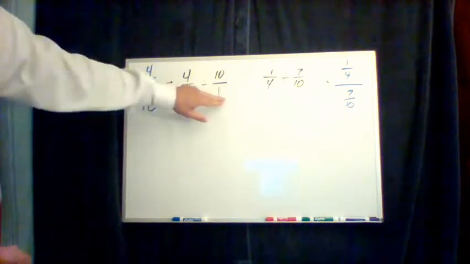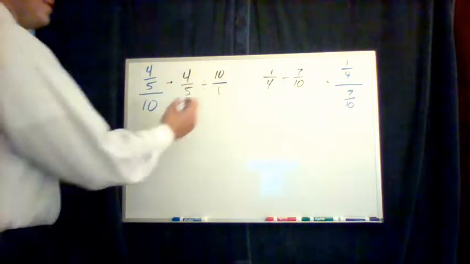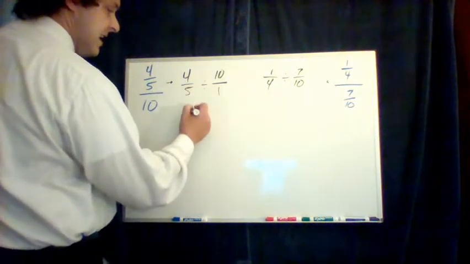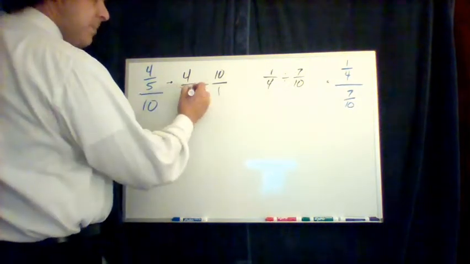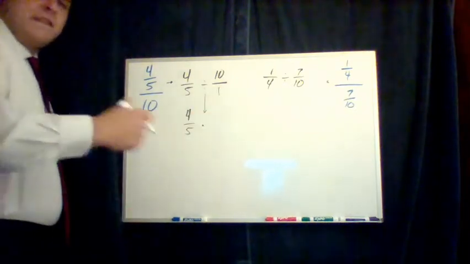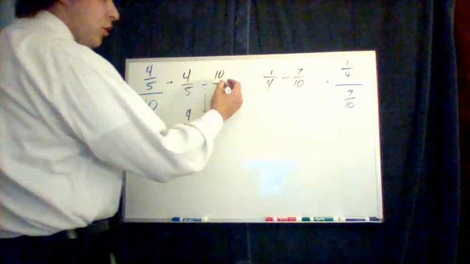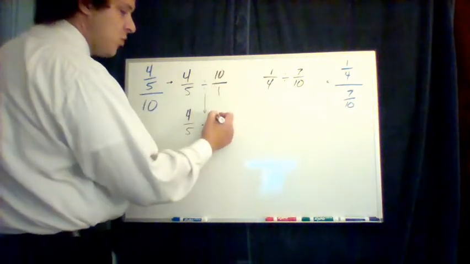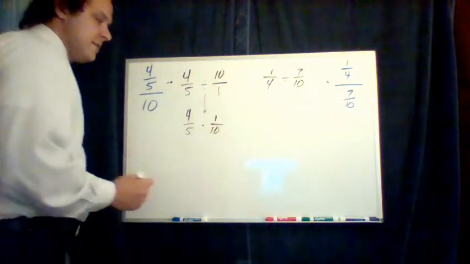Remember, when we divide fractions, keep, change, flip. So this one stays the same. Keep, this changes, so from division to times. Remember, when we flip, that's what's called the reciprocal. So the reciprocal of 10 over 1 is 1 over 10, right?